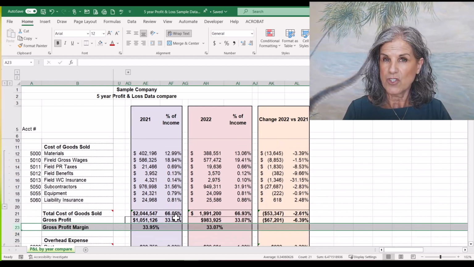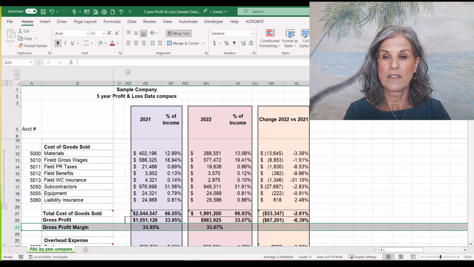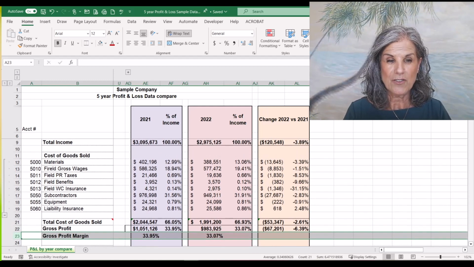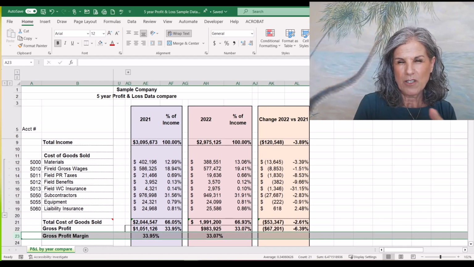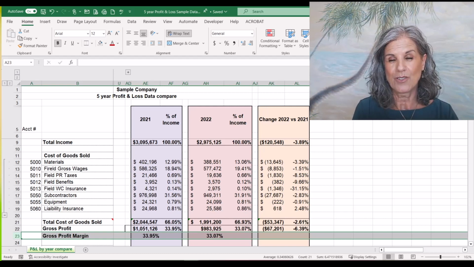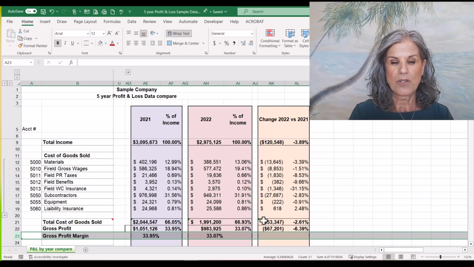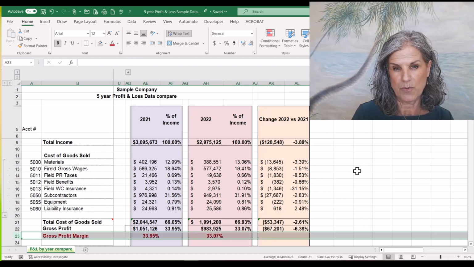It's different for a general contractor than a subcontractor. It's going to be different for a contractor that does $3 million a year versus $30 million a year. It's going to be a little bit higher if you do $3 million a year versus $30 million a year. But your gross profit margin is a key way that you want to evaluate the results of your business.